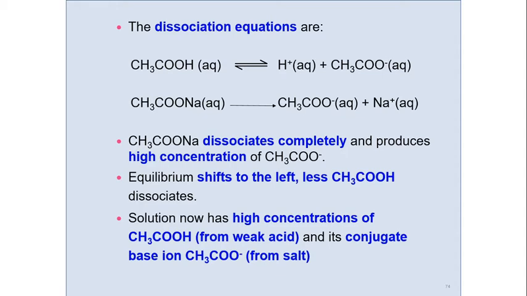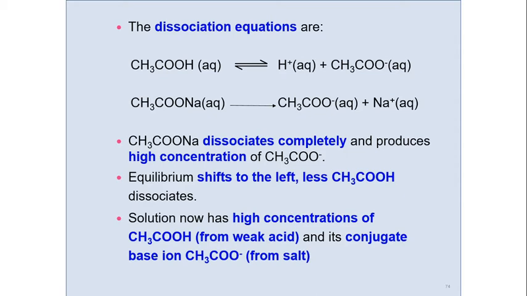Dan ini menyebabkan the first equation akan ada CH3COOH yang banyak and the second equation menyebabkan akan ada banyak CH3COO-. Sebab tu kita kata the solution now has high concentration of CH3COOH from the first equation and high concentration of conjugate base ion CH3COO- from salt daripada second equation.